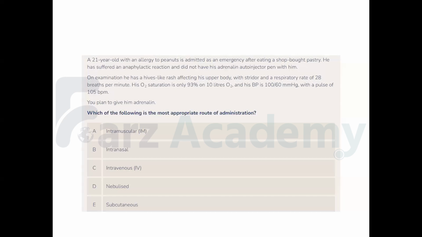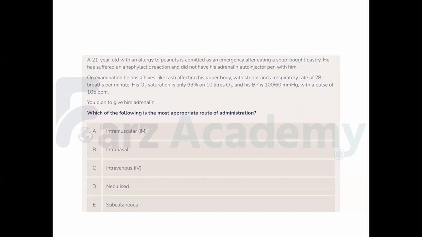A 21-year-old with allergy to peanut is admitted as an emergency after eating a shop-bought pastry. He has suffered an anaphylactic reaction and did not have his adrenaline auto-injector pen with him.